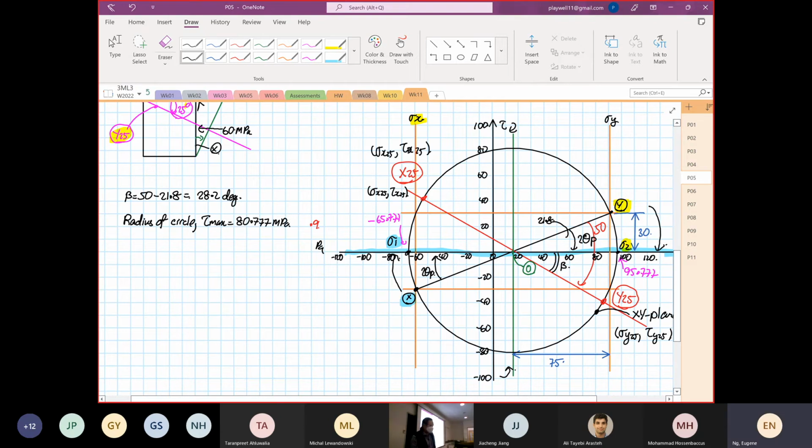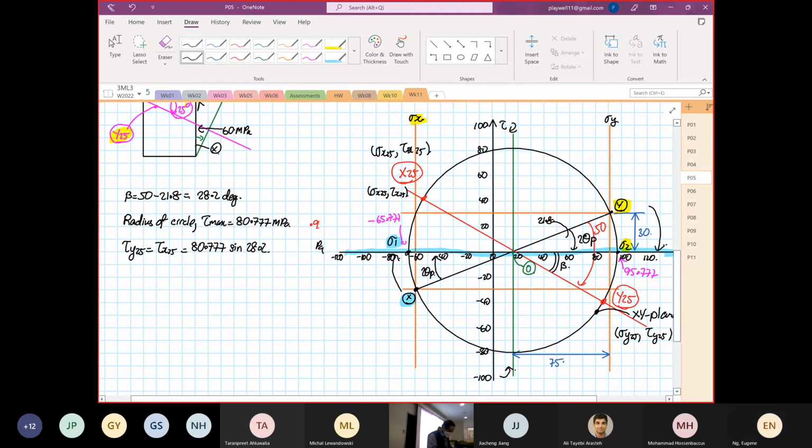Okay. So my advice for you is find the shear first. I repeat again, look for the shear value first. Okay. So we know that shear Y25 is equal to your shear X25, and this is equal to 80.777 times sine 28.2 degrees.